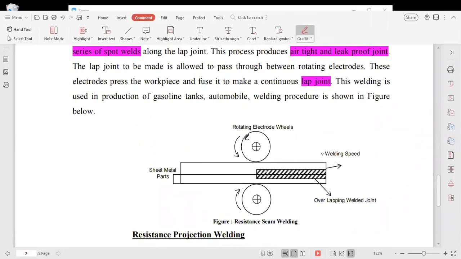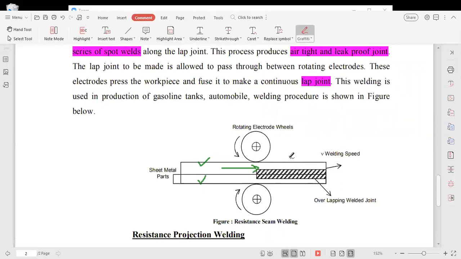Electrodes जो हैं वो wheels के form में होते हैं. So when the wheels turn in opposite direction, automatically these sheet pieces are drawn in this direction. And when current continuously flows through these electrodes, sheet आगे बढ़ती रहती है, weld होते होते sheet आगे बढ़ती रहती है.